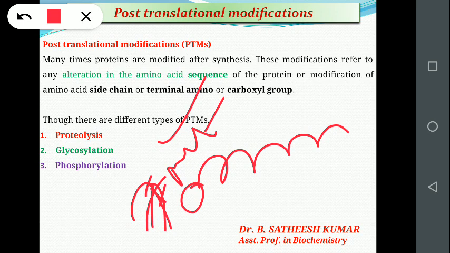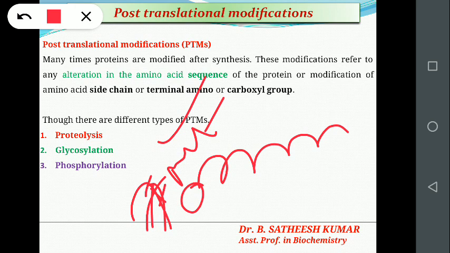Of course, the amino acid sequence is similar, but there will be many more modifications which ultimately affect the structure as well as the function of the polypeptide chain or the protein.